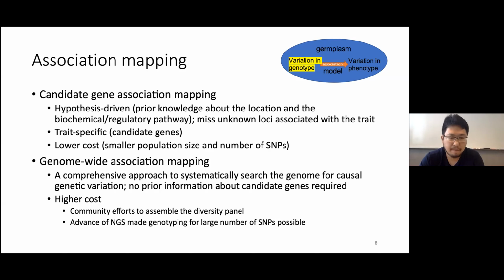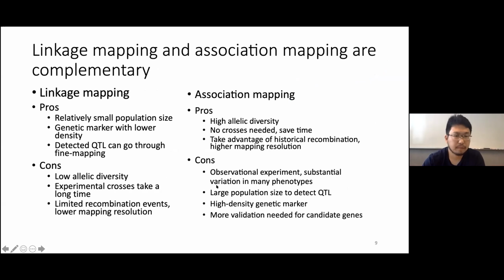So it's more expensive than candidate gene association mapping. Again, I want to make the point that linkage mapping and association mapping, these two direct precursors of GWAS, are complementary. Both of them are powerful tools in the geneticist's toolbox.